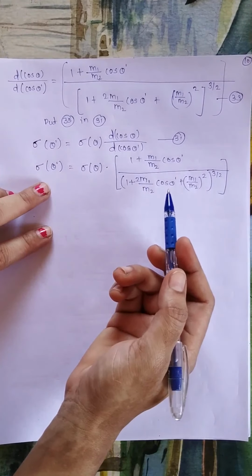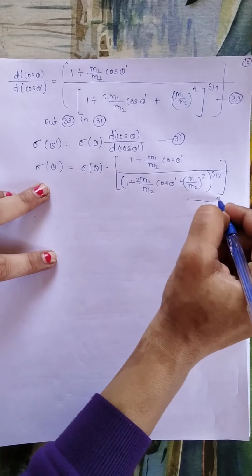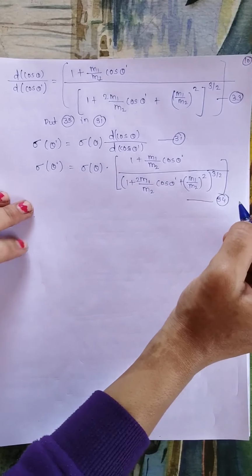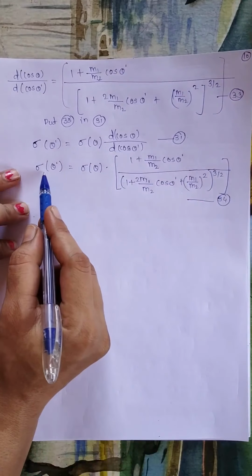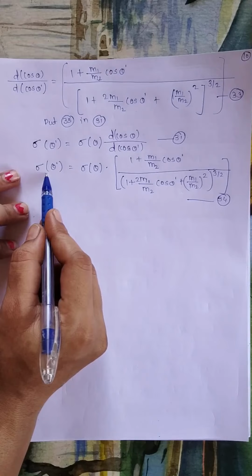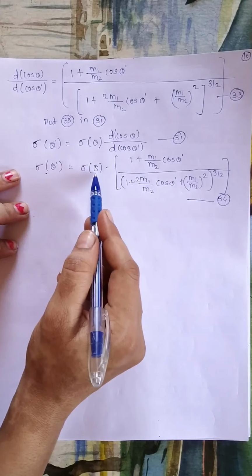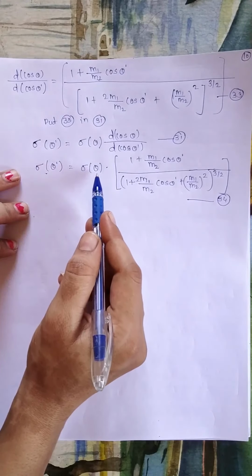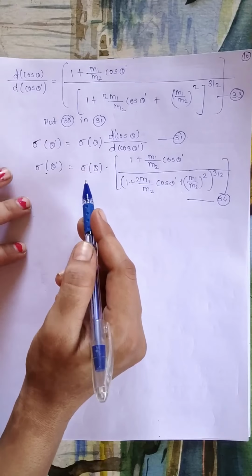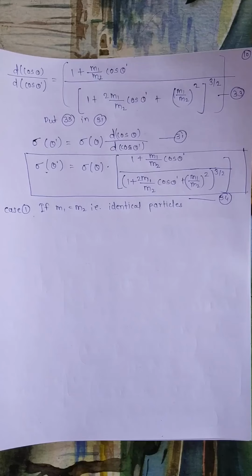Now we will call this equation number 34. So this is the relation between the scattering cross section for center of mass frame and the scattering cross section for lab frame of reference. So this is an important relation.